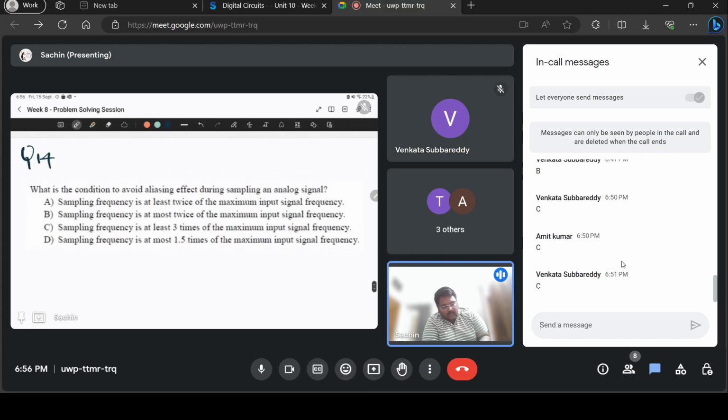What is the condition to avoid aliasing effect during sampling an analog signal? What is it?